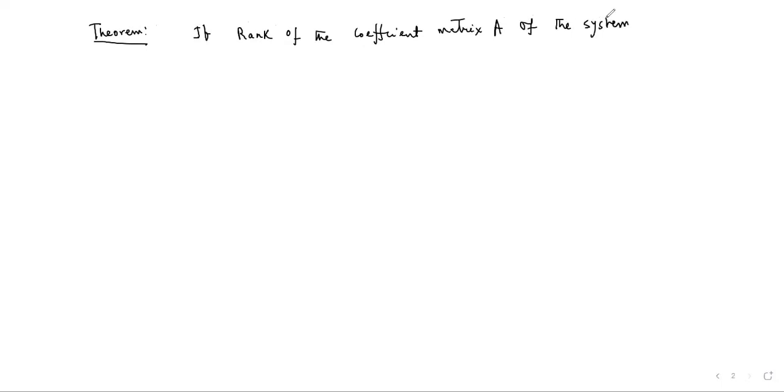It says that if the rank of the coefficient matrix capital A of the system is equal to the number of variables, this implies the system has a unique solution.